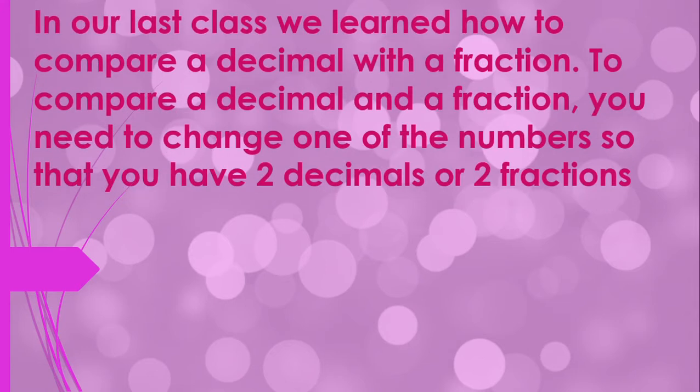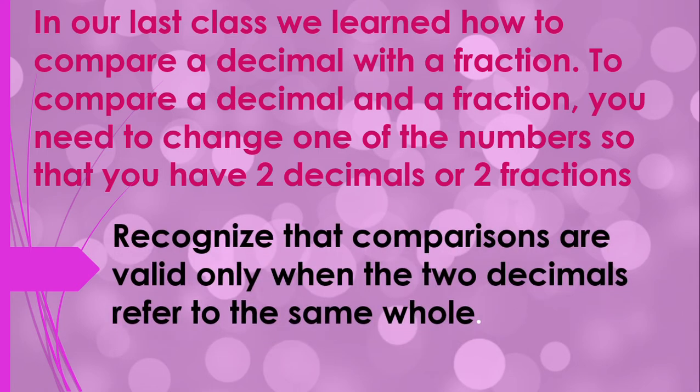In our last class, we learned how to compare a decimal with a fraction. To compare a decimal and a fraction, you need to change one of the numbers so that you have two decimals or two fractions. Recognize that comparisons are valid only when the two decimals refer to the same whole.